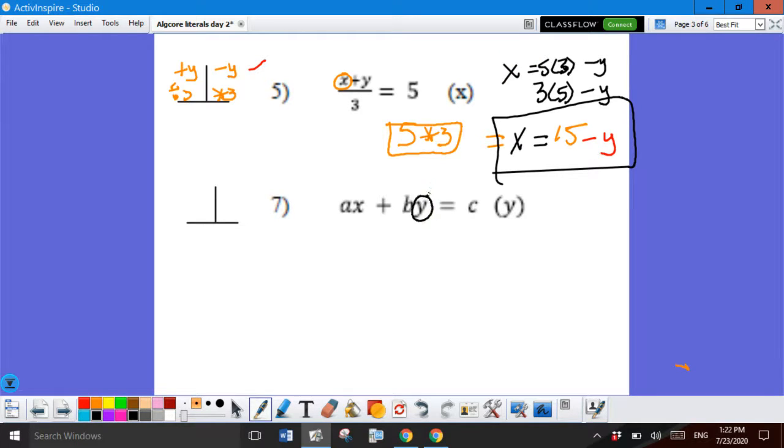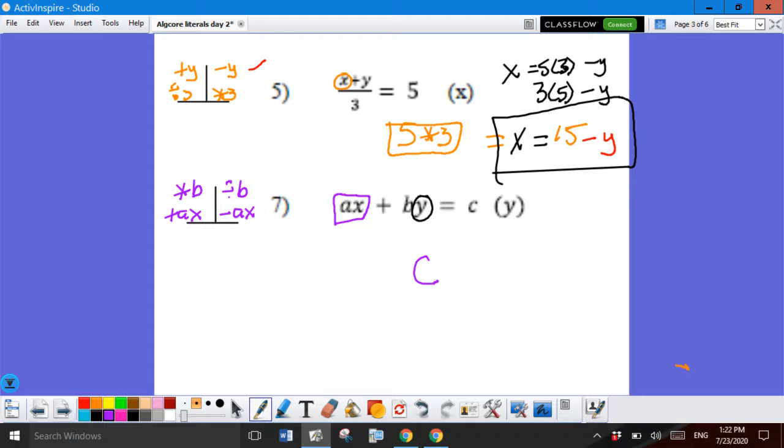All right, see what you can do with the next one. Okay, so we did times B, divide B. Now this is going to be one whole thing. So plus AX, minus AX. So I'm starting with C. Where am I going to write minus AX?